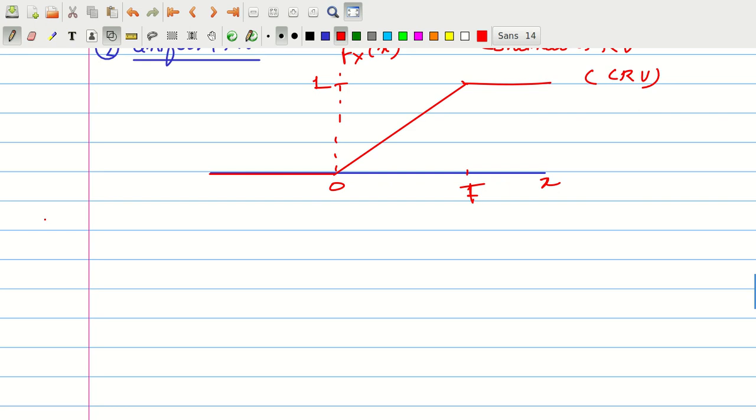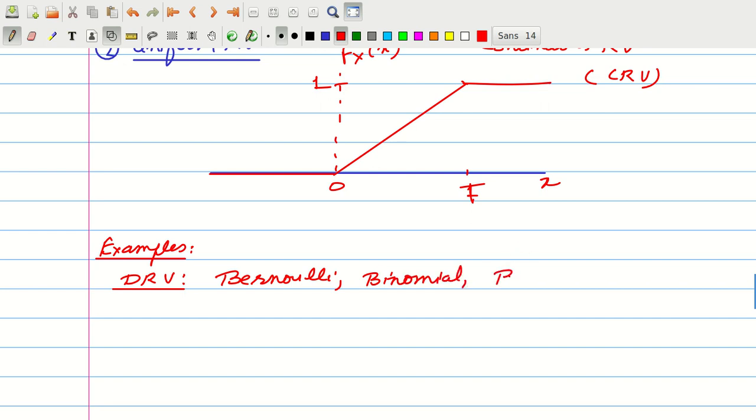To conclude, let us write down some examples of discrete random variables. Bernoulli we have seen. So Bernoulli random variable, binomial random variable, Poisson random variable.